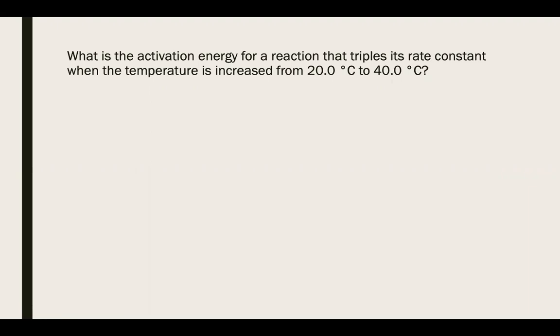So the one equation that you could use to solve this one would be K equals A E to the negative Ea over RT. Give me 1 second. My mouse always disappears on Zoom.